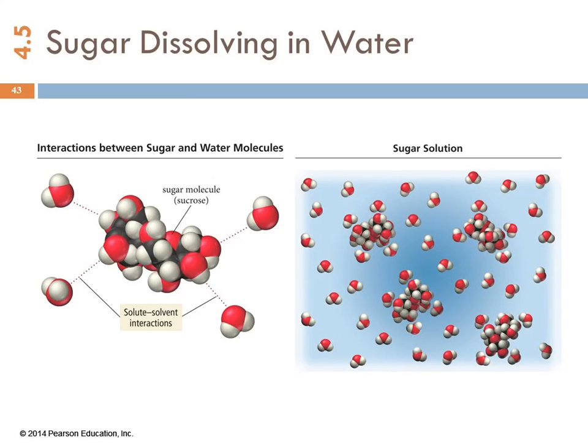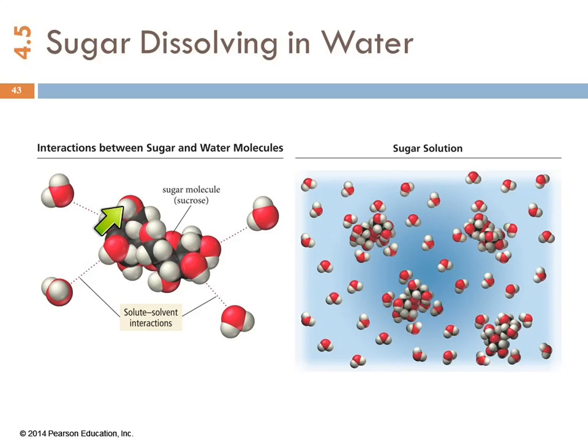If we look at sugar dissolving in water, because sugar does dissolve in water very nicely, here is a model of a sucrose molecule. And we're using white balls for hydrogen and red for oxygen and black for carbon. And so we see a lot of red and white on this molecule, don't we?